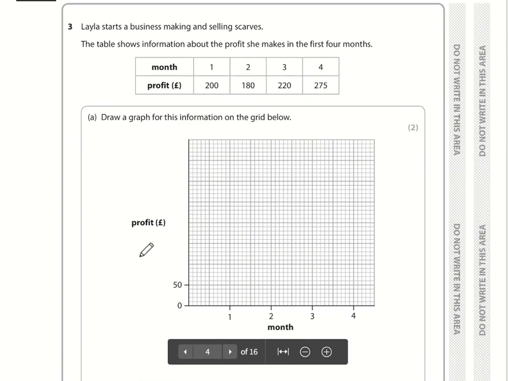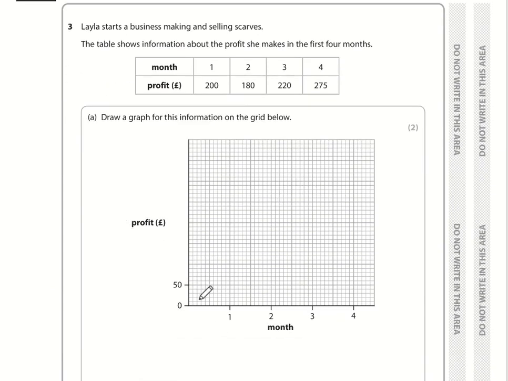Okay, so for this question, the key to begin with is that we're going up in 50s. So this will be 100, 150, 200, 250, 300, 350, 400. Month 1 is 200, so 200 is there. Month 2 is 180, so that's 20 down from 200, so there.